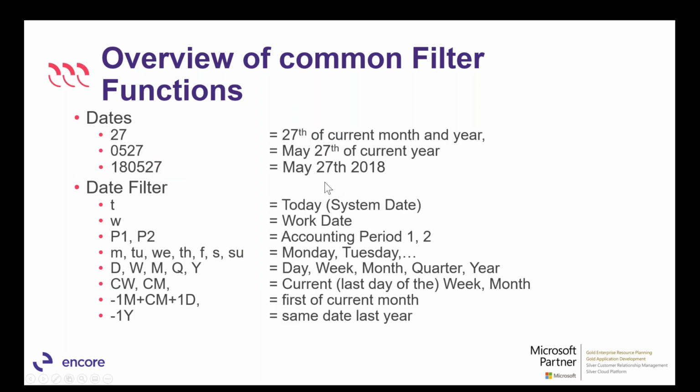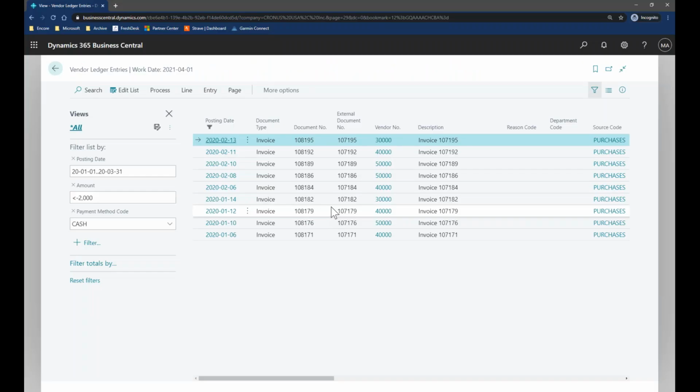And then in terms of date, again, if you just enter 27, it'll know current month and year, and 0527, it'll know current month of the current year, and so on. And then T is something I showed earlier on the journal. Okay, so again, you can add more filters as you go and get creative with what type of data you want to pull into here.